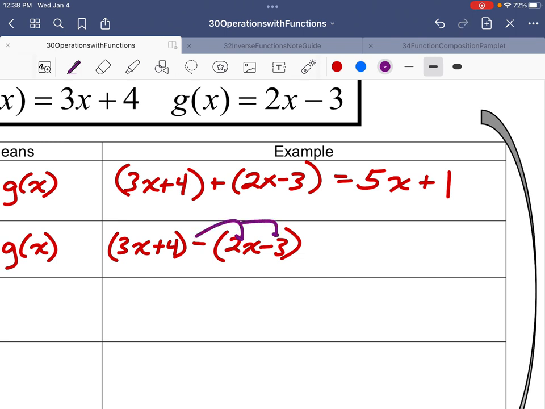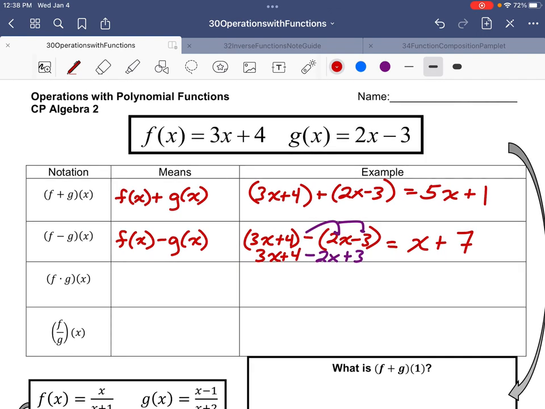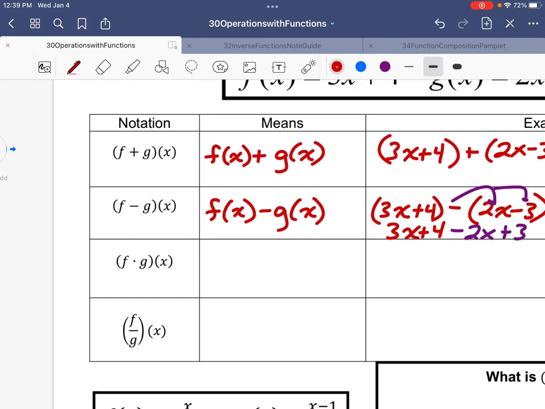Sometimes students like to think that you're distributing the subtraction sign. That's totally fine if you want to think of it that way. Now you can just combine your like terms, and that's why we're actually just going to get x, but now plus 7. So when you have a subtraction sign, you do want to be very careful, especially with those parentheses.